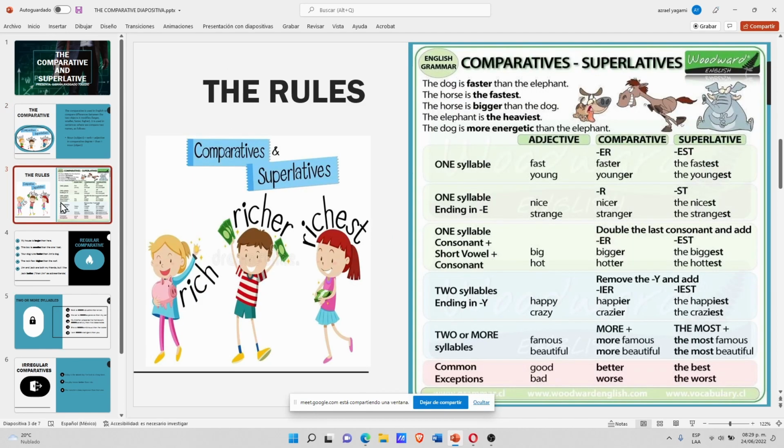This comparative needs two rules. For example, when we use the comparative with one syllable, for example the adjective fast, we use faster. Young, younger, only add er.